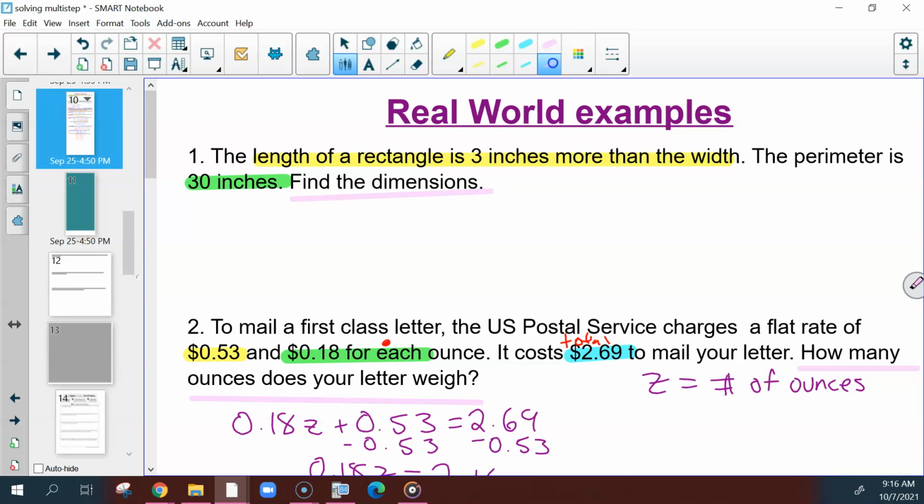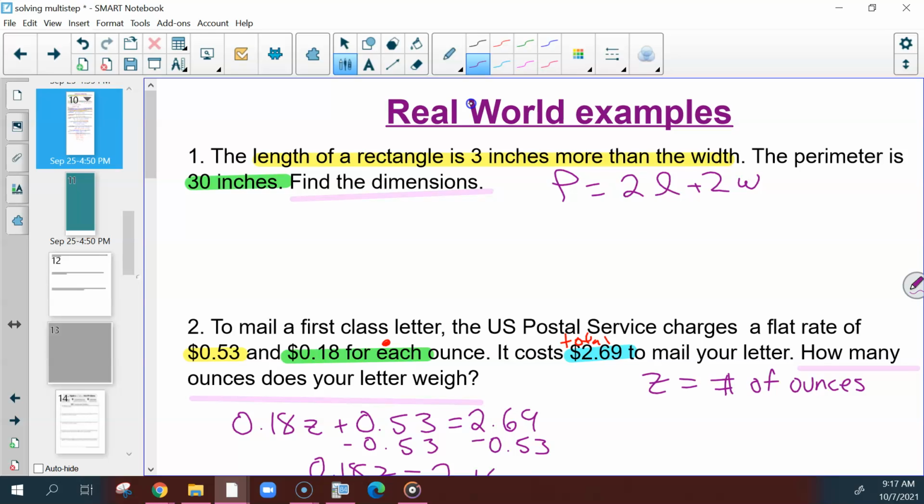Okay. So if you didn't know, I'm going to write this up here, but you should remember that your perimeter, you're adding up all the sides. And another way to write that is 2 times the length plus 2 times the width. You're going to see that a lot, especially moving on to geometry.